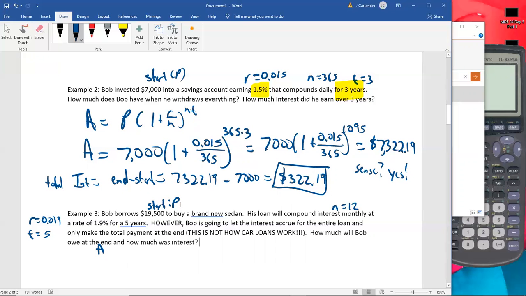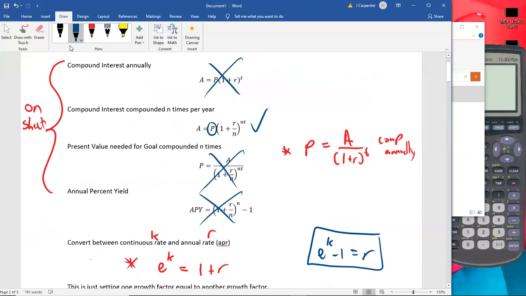So what formula do we think we need if we know the principal, the N, the R, and the T? Oh, I forgot to undo all that. Okay. Well, once again, we're not just converting from an annual rate to a compounded rate or a compounded rate to an annual rate. So that's out. So it's one of these three things. What do we know? We know the starting value.